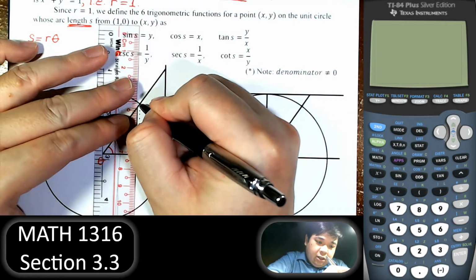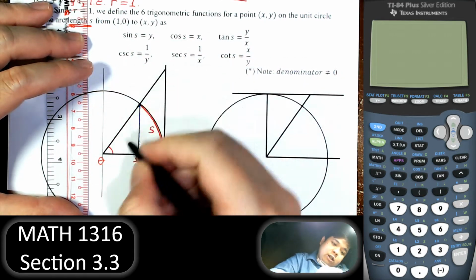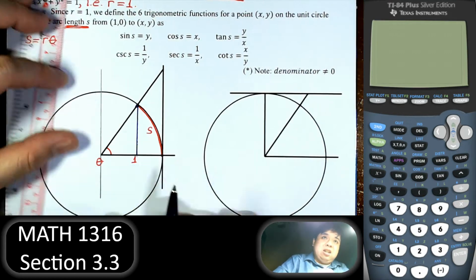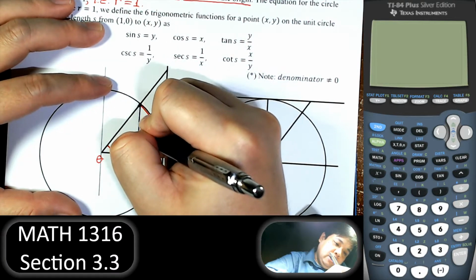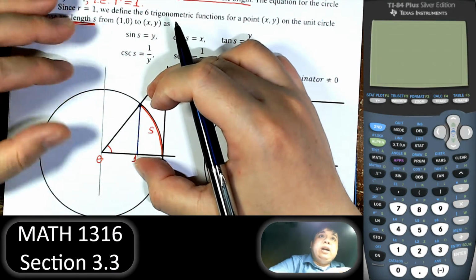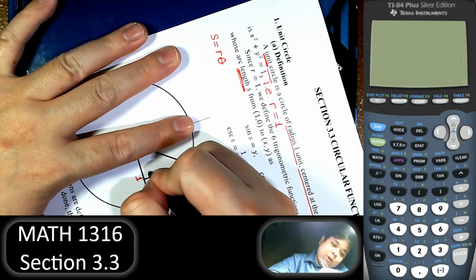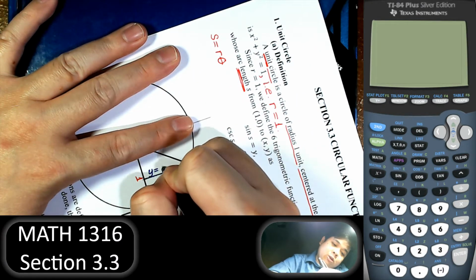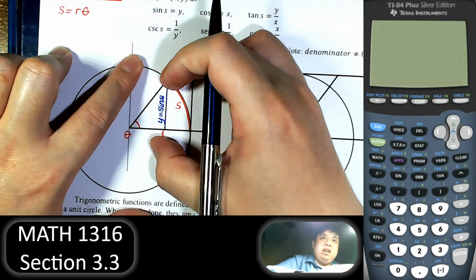This distance from the point to the x-axis is y. Because y is equal to the sine value, we have y equal to sine of s, which is this length here.